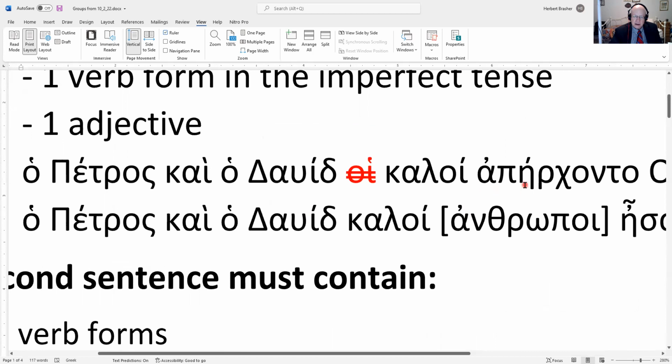The epsilon lengthens to eta. Ap erchonto is the deponent, the middle passive, chapter 22.2, like dechomai, imperfect form. So the augment plus the endings that pertain to the deponent verbs.